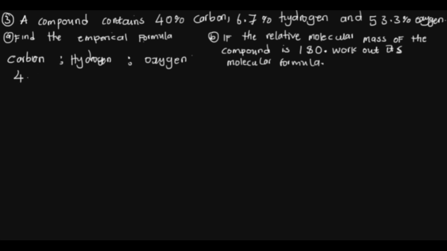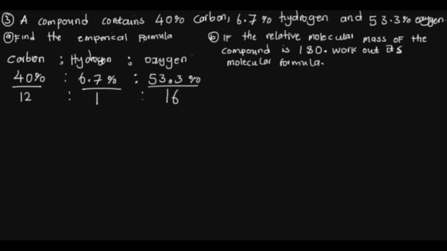The given percentage for carbon is 40, hydrogen is 6.7%, and for oxygen we have 53.3%. Now we are going to divide each element by its molar mass. The mass number for carbon is 12, for hydrogen is 1, and for oxygen is 16.